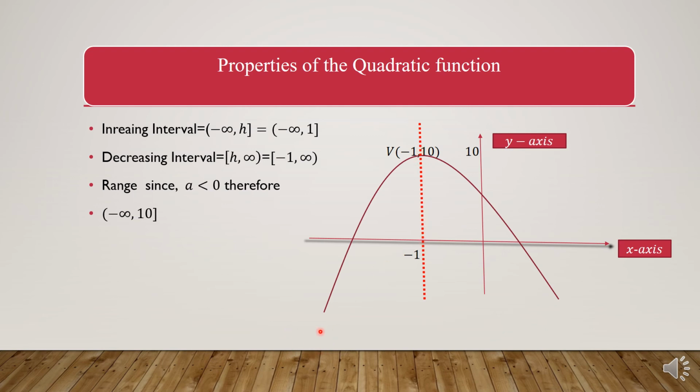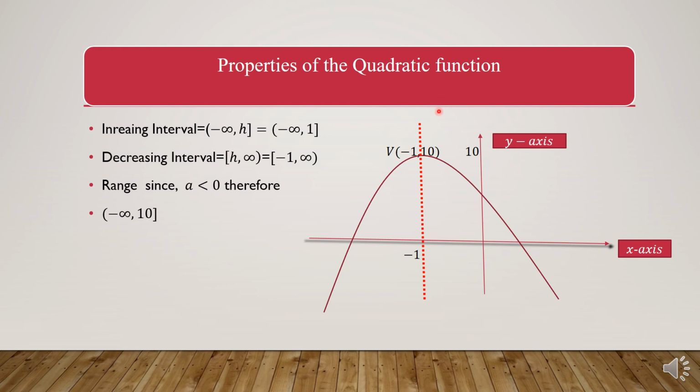So it starts from minus infinity and goes up to 10. So this is called the range of the function. Minus infinity to k is the value. Since a is less than 0, from minus infinity to 10 is the range of the function.